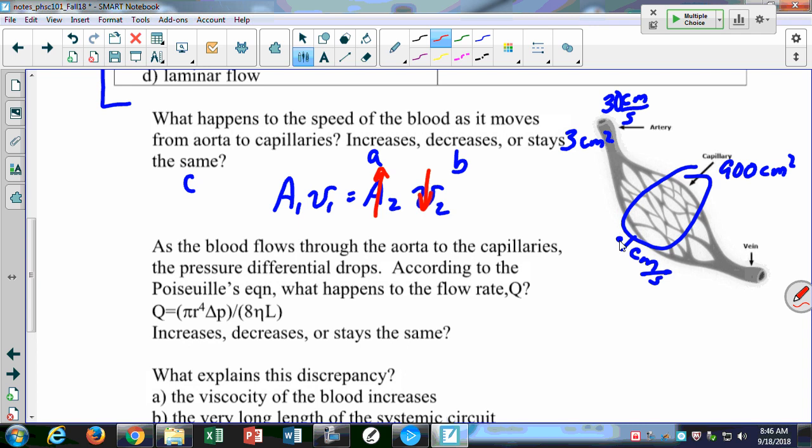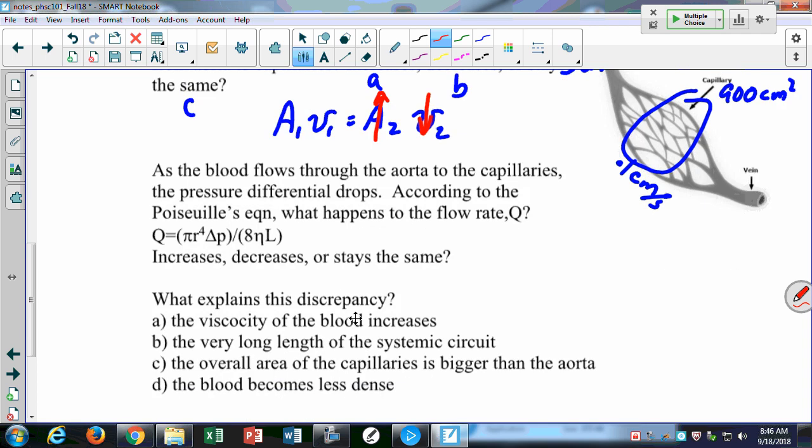All right, a couple more. As the blood flows from the aorta to the capillaries, the pressure differential drops, right? High pressure in the aorta, low pressure coming back into the vena cava. According to the Poiseuille equation, what happens to the flow rate? No, I don't like this question.